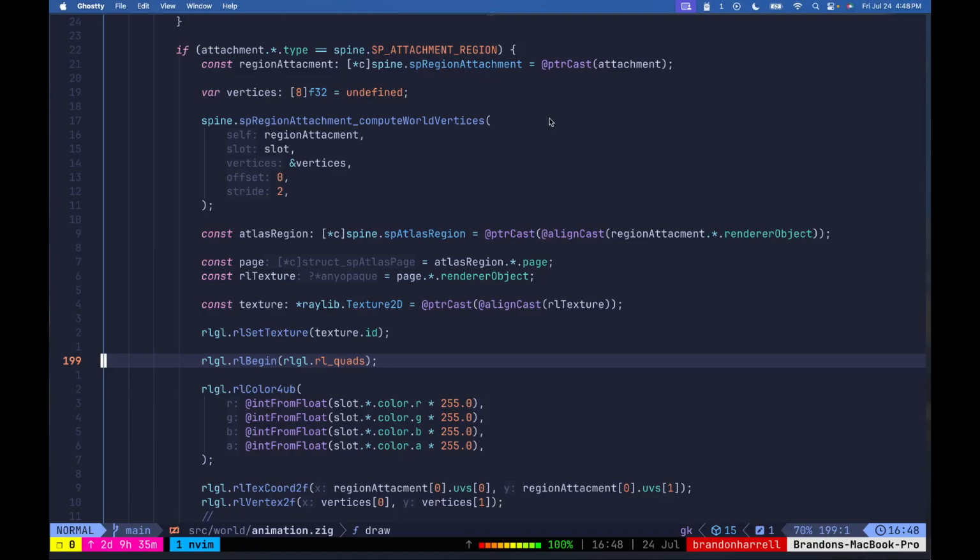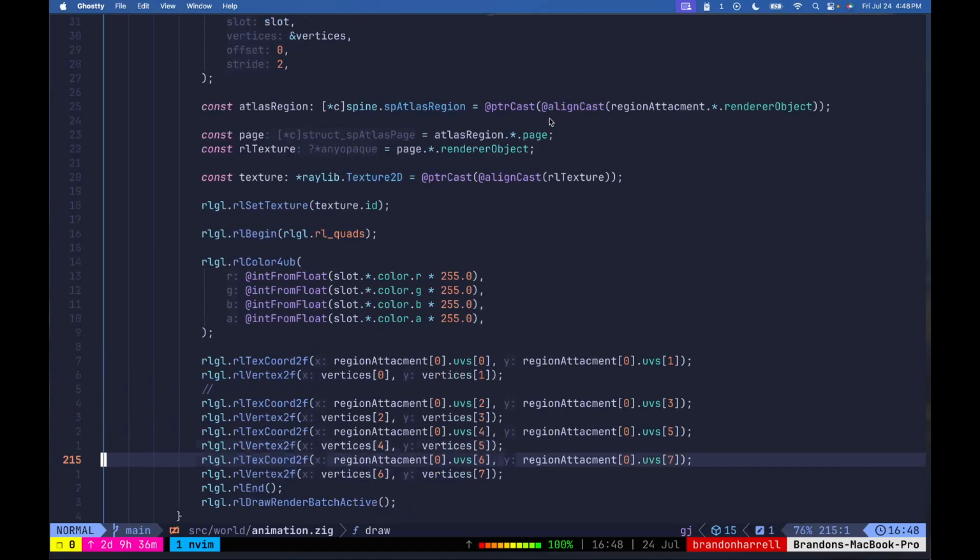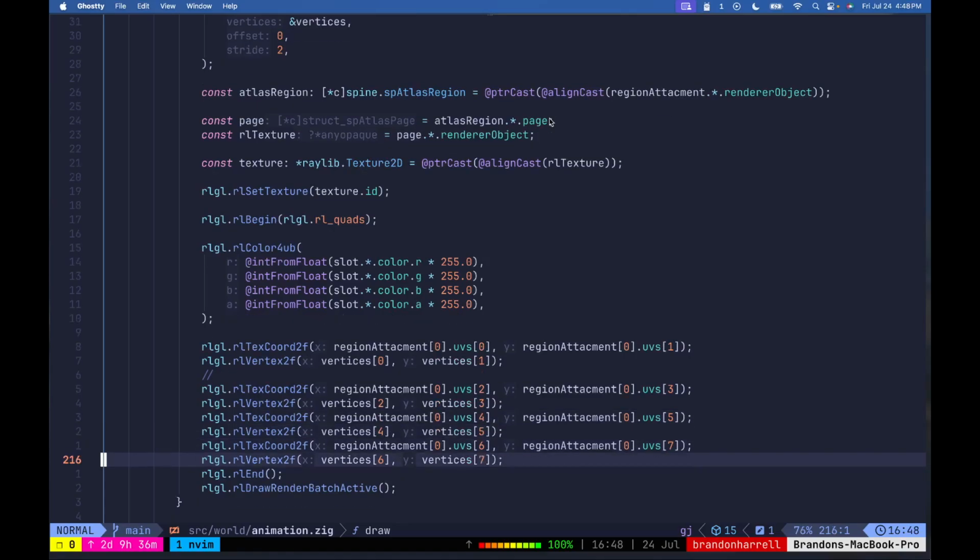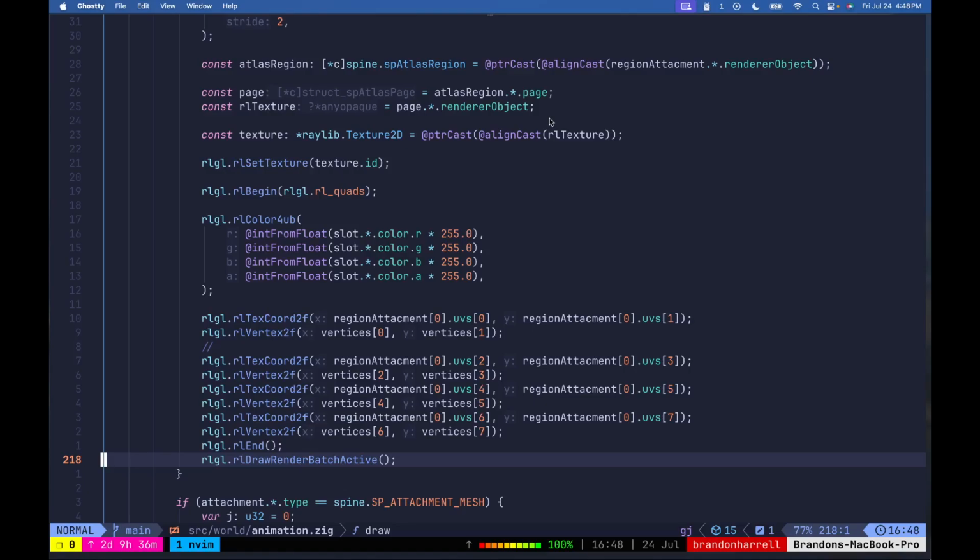The quad has about 8 corners, and these represent the 8 corners. I'm going through the textures, taking the offset, or the index, and locating the different parts of the quad that I want to use. I batch it for the GPU, and then I send it to the GPU to be drawn.